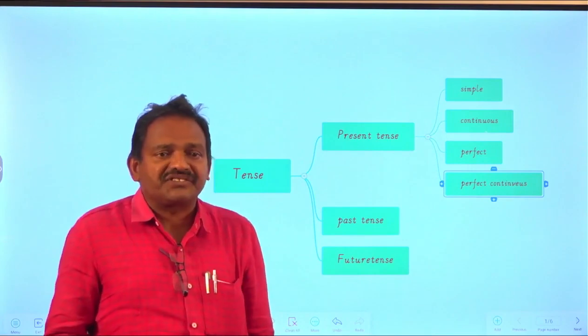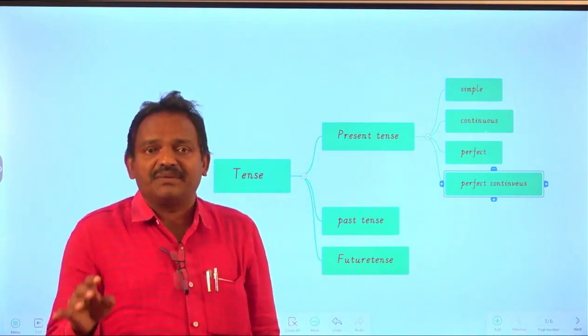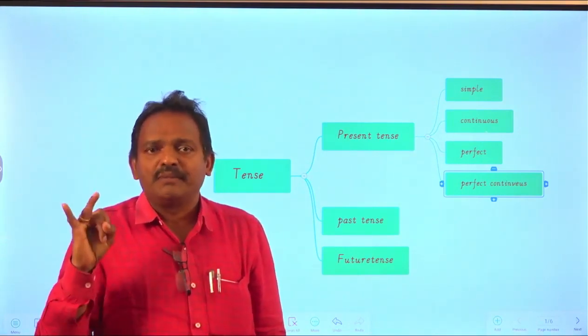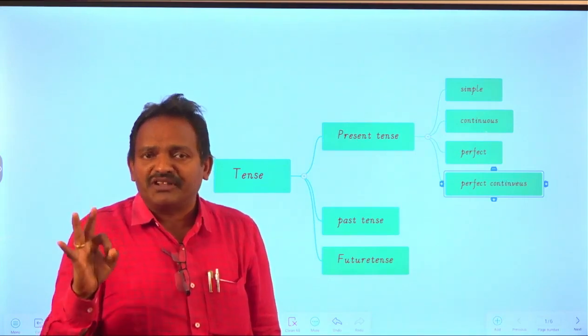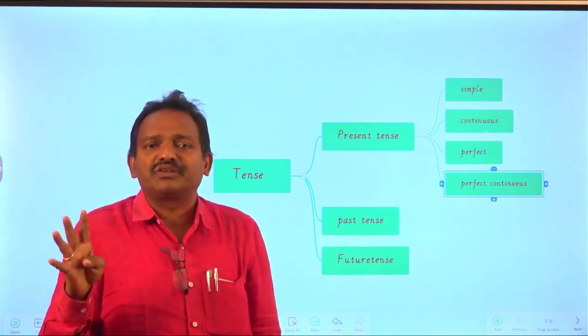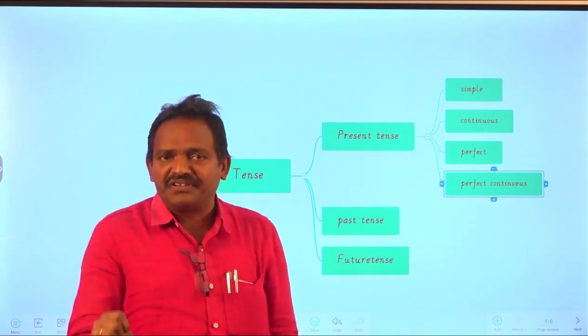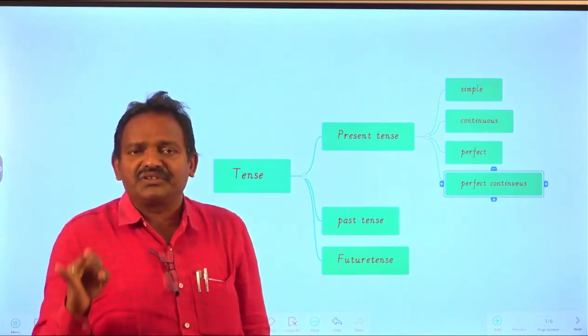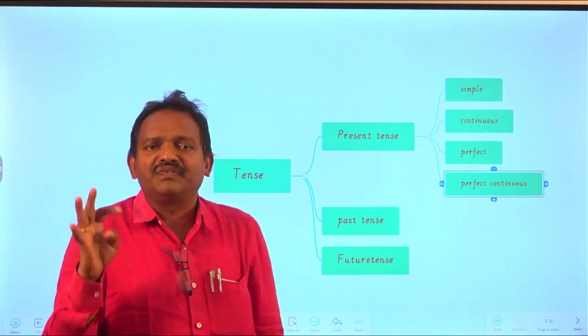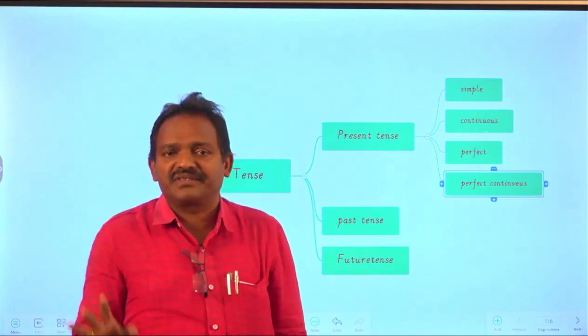We go for the past tense. It is also four types: simple past tense, past continuous tense, past perfect tense, and past perfect continuous tense. And the third one: simple future, future continuous, future perfect, and future perfect continuous tense.